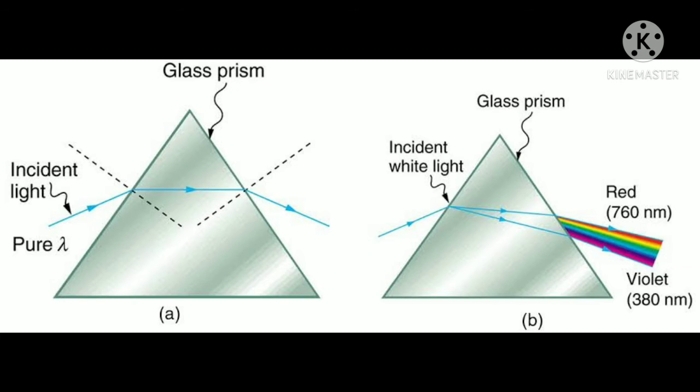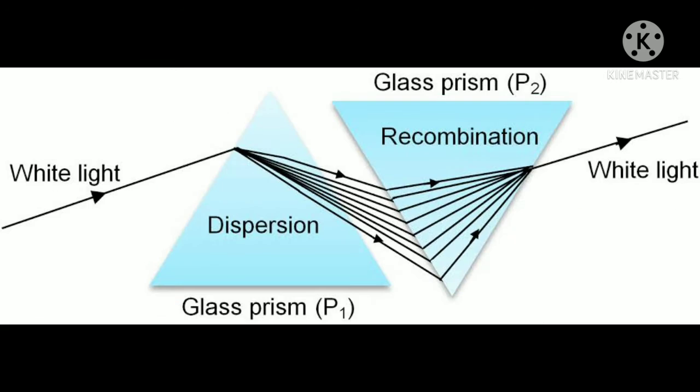Then Isaac Newton came with an experiment, where he used a glass prism to obtain the spectrum of sunlight. Then he wanted to place a second identical prism in an inverted position to recombine all this light again into white light.